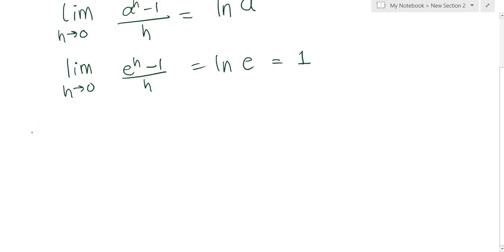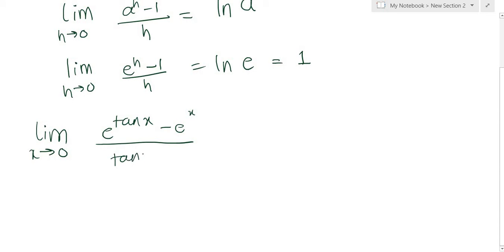So let's do our first example. The limit as x tends to 0 of (e raised to tan x minus e raised to x) all over (tan x minus x). Now if you see the identity above, the power of e was the denominator, so we need to match that.